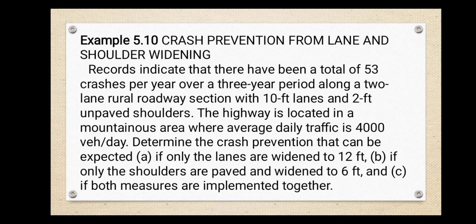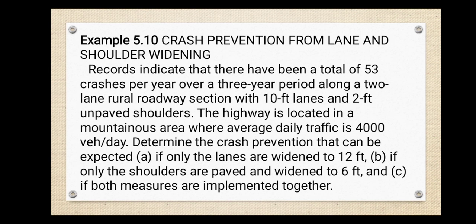So we have an example, the crash prevention from lane and shoulder widening. Records indicate that there have been a total of 53 crashes per year over a 3-year period along a two-lane rural roadway section with 10-foot lanes and 2-foot unpaved shoulders.